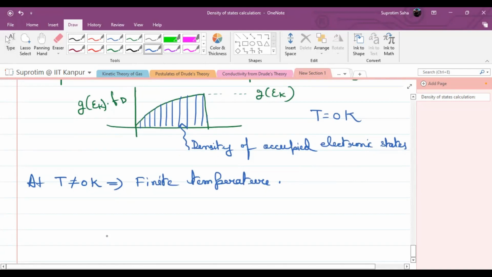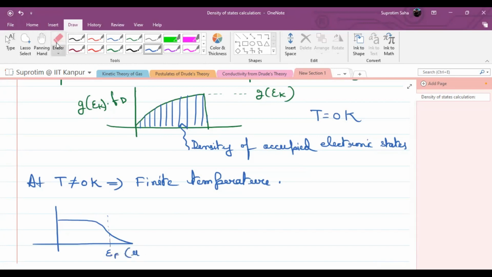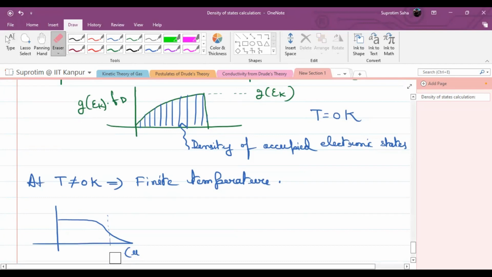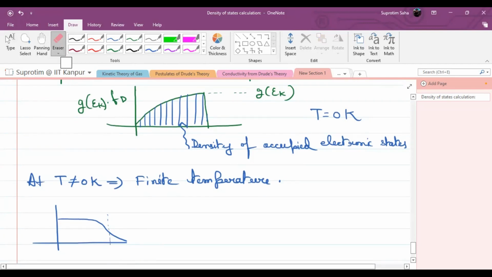But at finite temperature, your Fermi-Dirac distribution will be like this. So this was your E_F or mu. Sorry, I should not write it as E_F, because in that case you will think that it is at T equals 0 Kelvin, but this is mu, and this is your Fermi-Dirac distribution. This is 1 and this is your E. All right.